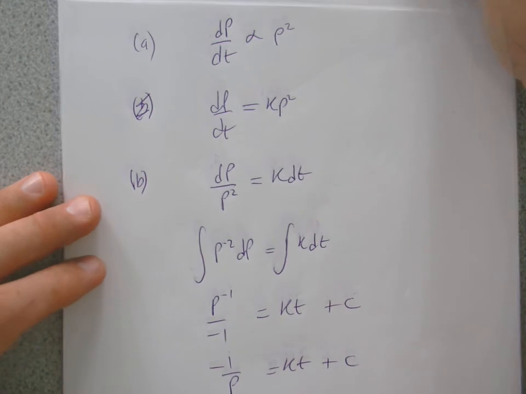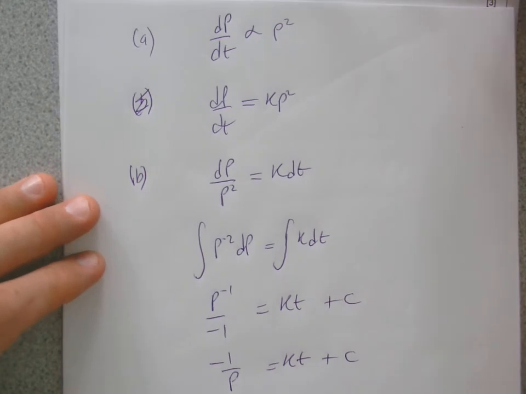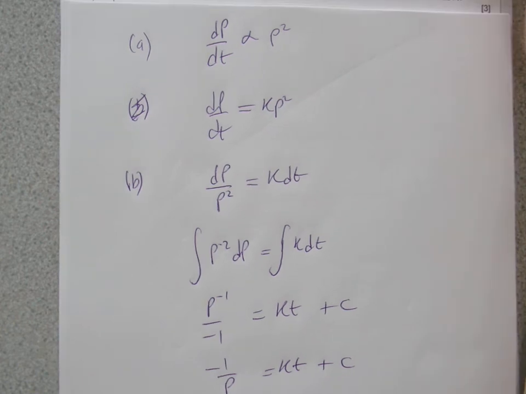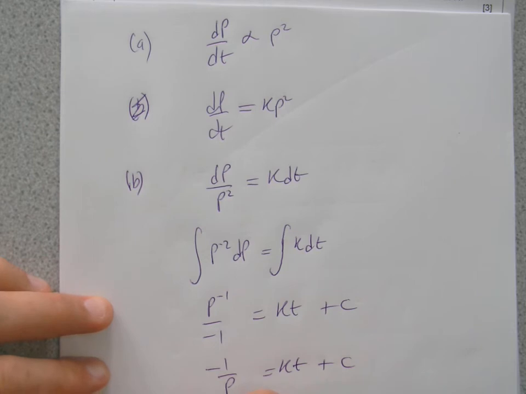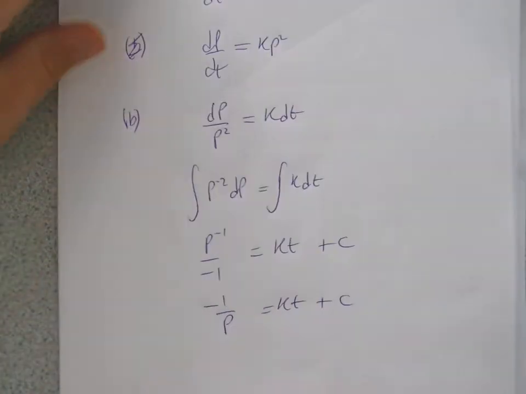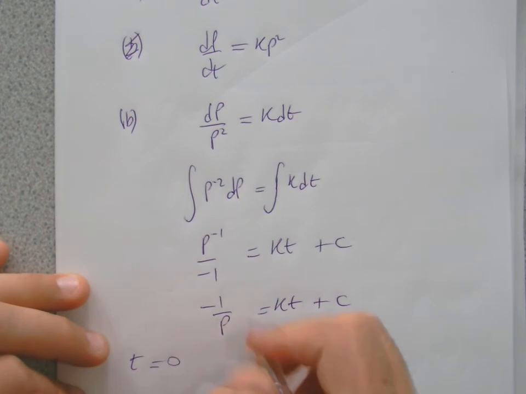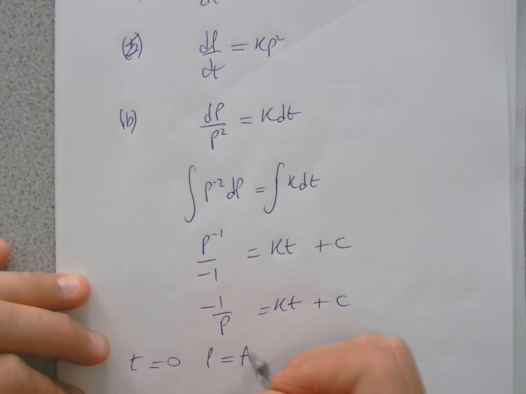Now let's look at the conditions. It says it was valued at £8 on the 1st of August 2010. So if we think of August 2010 as when time is equal to 0, t is 0, we can say the price P was equal to A there, at the start.